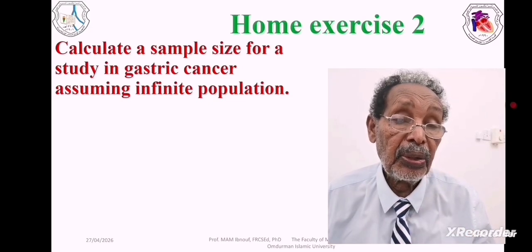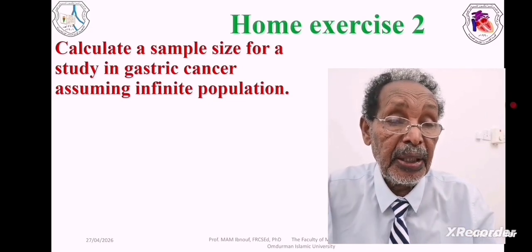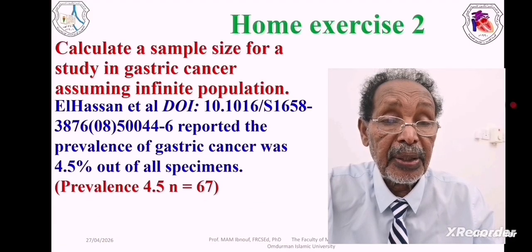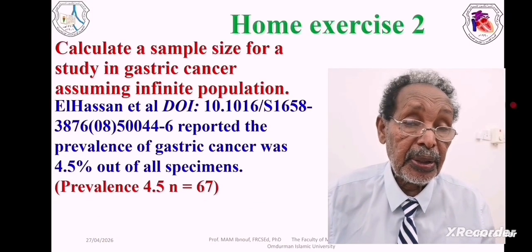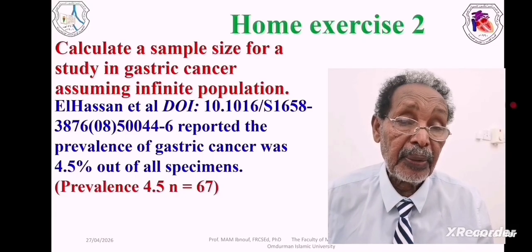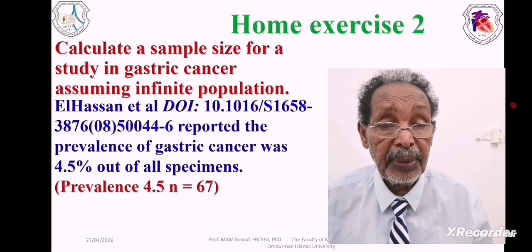Or we can search for a study, and as I said before, we can find the study of Professor Ahmed Mohammed Hassan and his colleagues, and this was a digital object identifier if you would like to retrieve that manuscript.